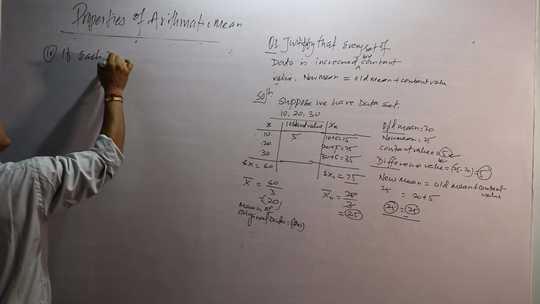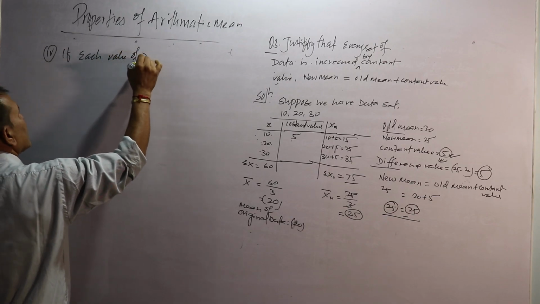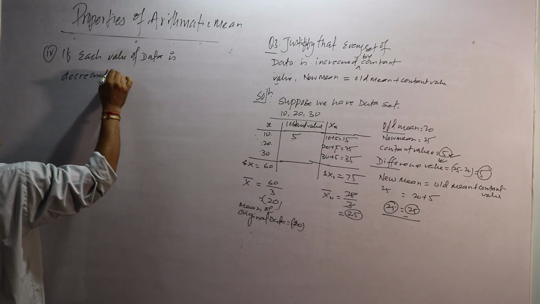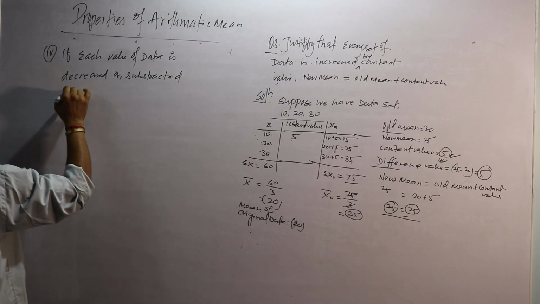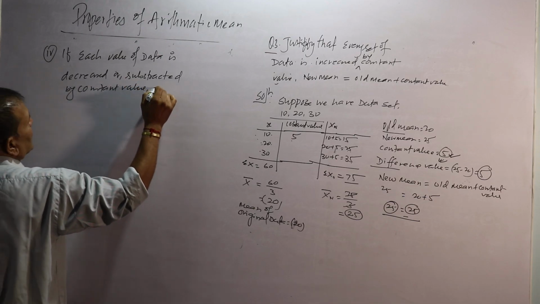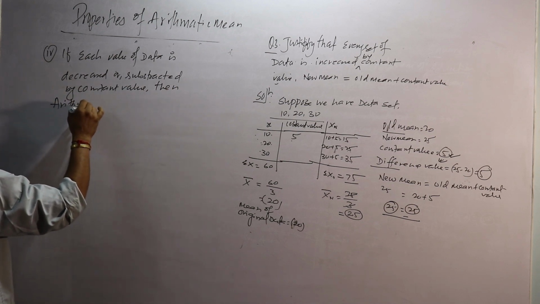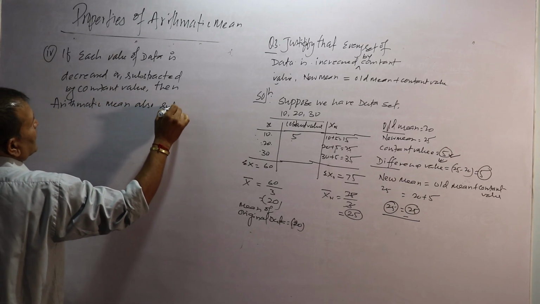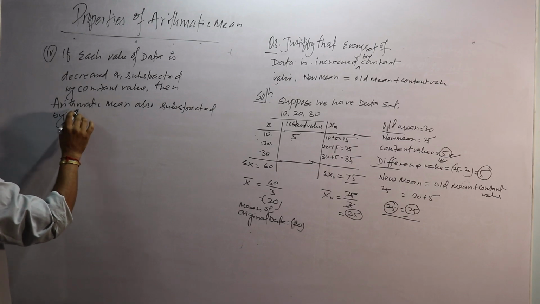If each value of the data is decreased or subtracted by a constant value, then the arithmetic mean is also subtracted by the constant value.